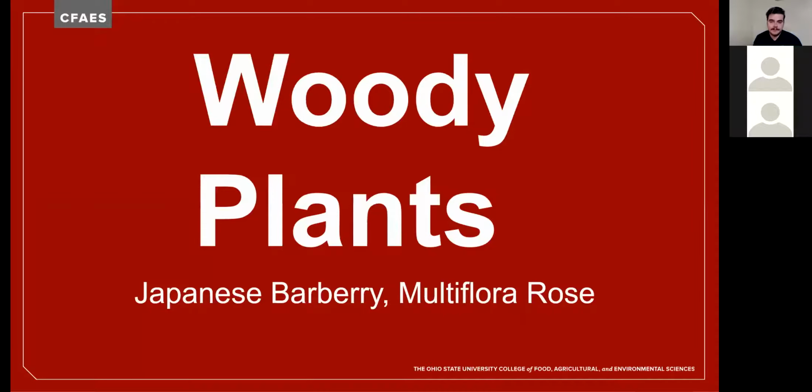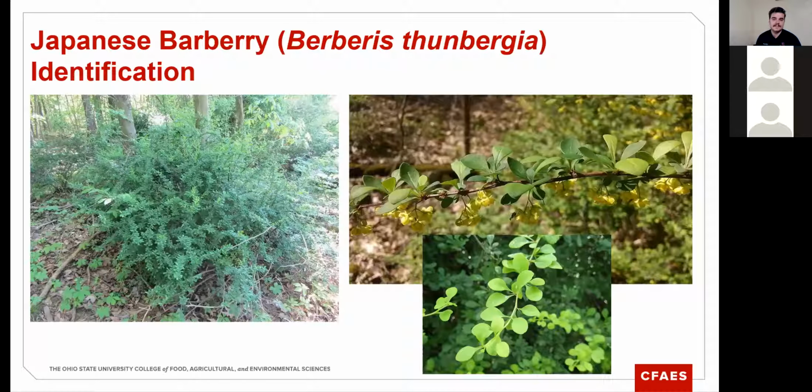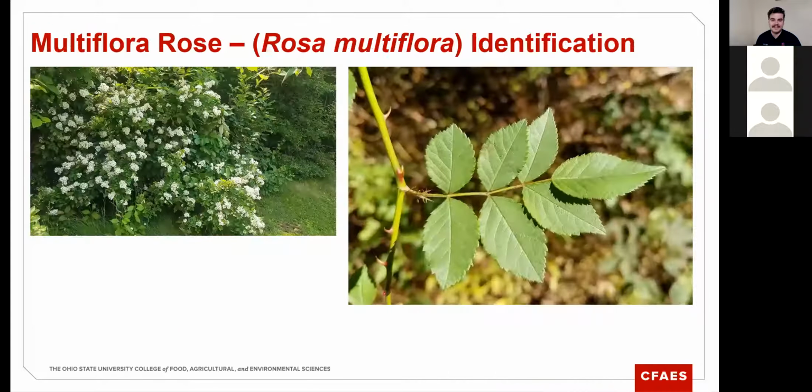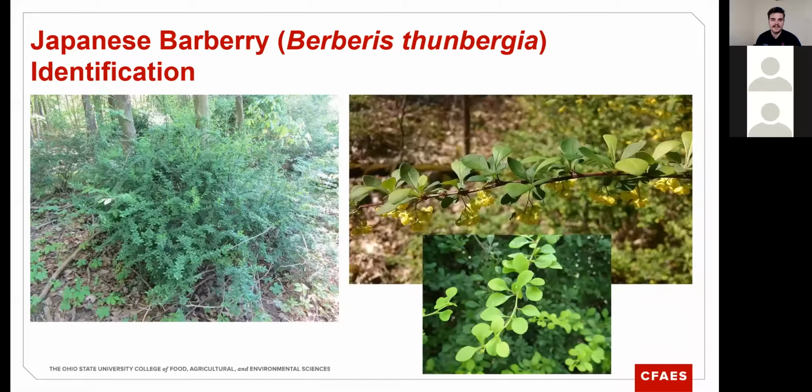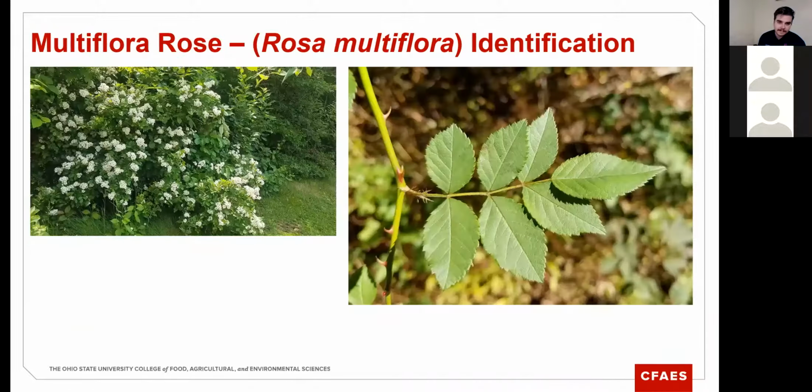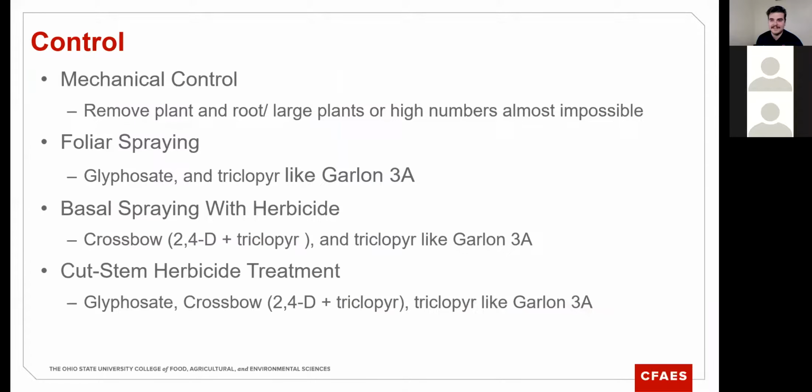Barberry and multiflora rose are two more that are very, very annoying if you find yourself caught up in them when walking through the woods or walking along a fence row. I've found myself caught by this invasive many a time, and there's nothing more fulfilling than controlling it and getting rid of it.